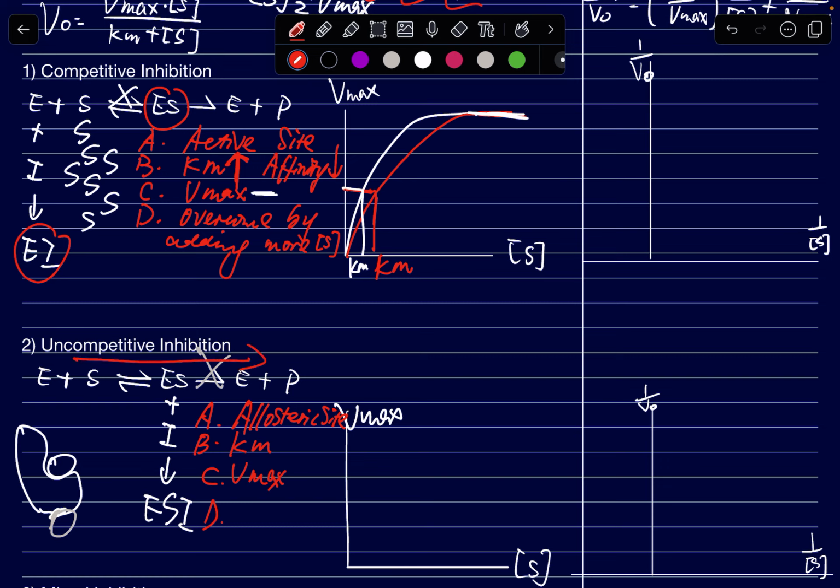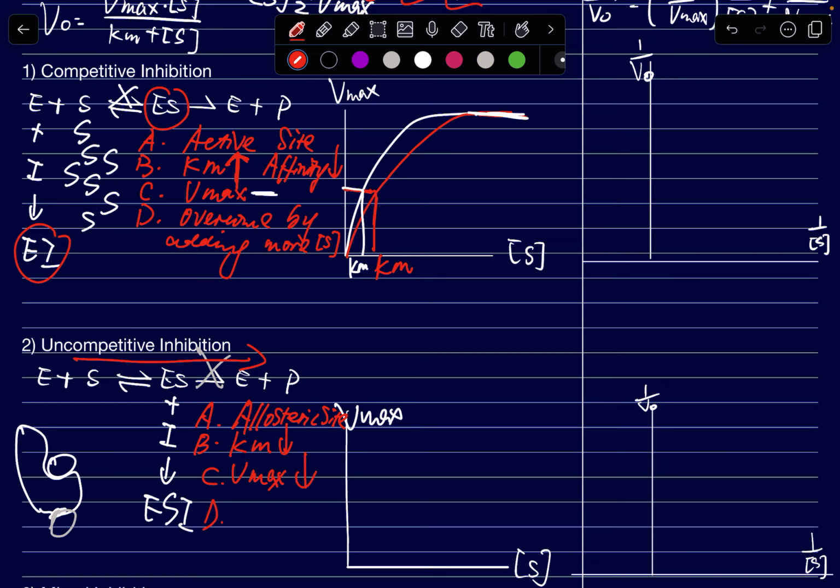This actually increased the affinity of the ES complex, right? So the inverse relationship of Km and affinity tells us that, in this case, the Km will go down. What about the Vmax?